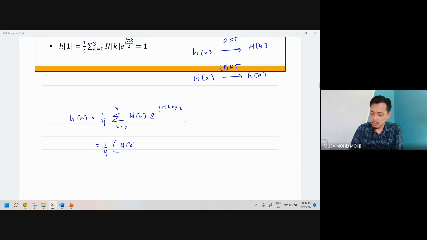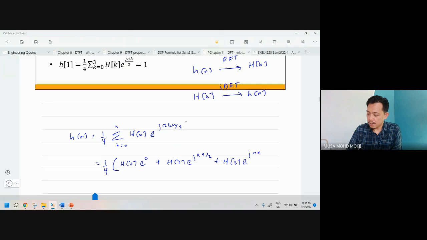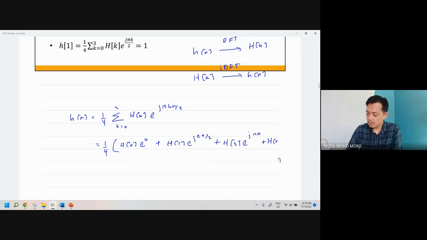So H0 of e to the power of 0, plus H1 e to the power of j pi n over 2, plus H2 e^(j pi n), plus H3 e^(j 3 pi n over 2).